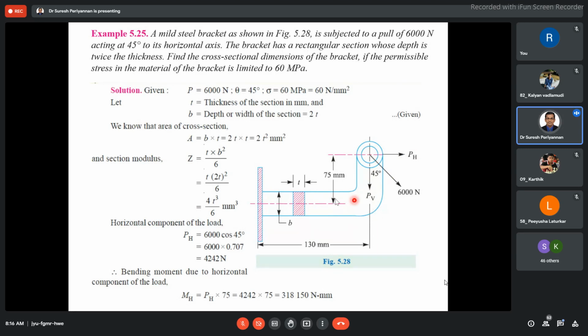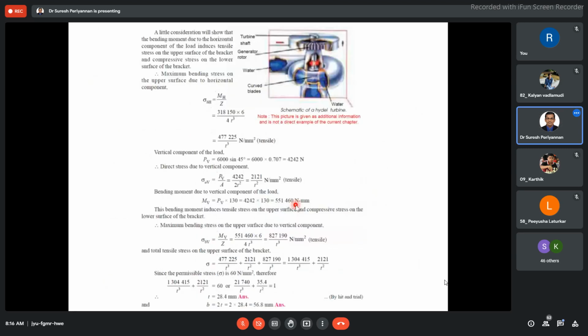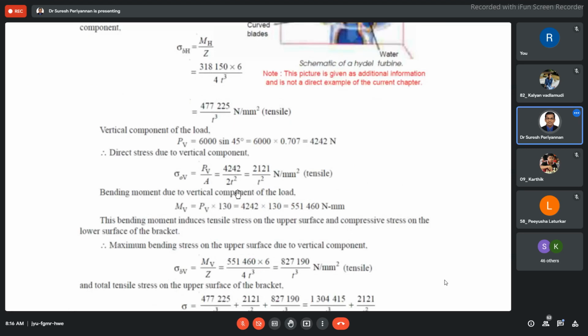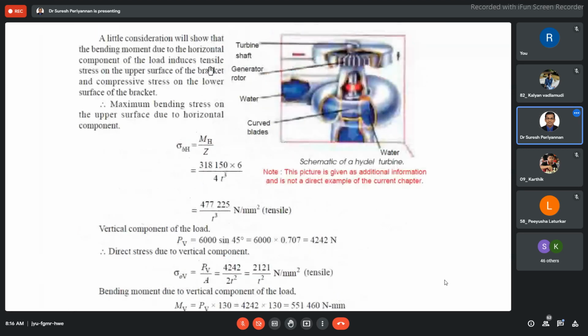Now you can see here, a little consideration will show that the bending moment due to the horizontal component of the load induces tensile stress on the upper surface of the bracket and compressive stress on the lower surface of the bracket. You can understand the statement while seeing the figure itself.